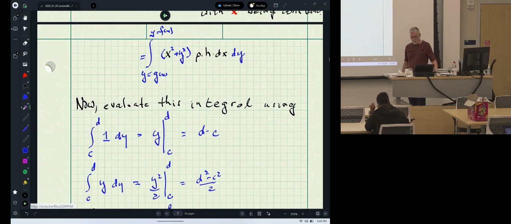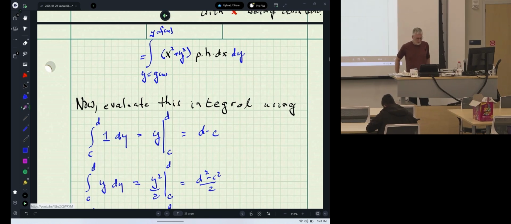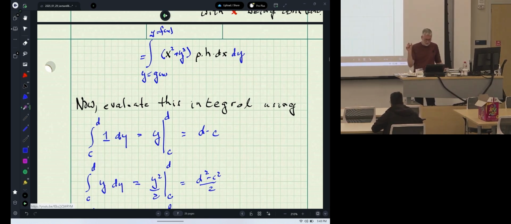And if it's not the most awesome integral you've ever derived, I'll be disappointed. X is a constant, rho is a constant, h is a constant, and dx, we're not changing the width. We're integrating vertically.